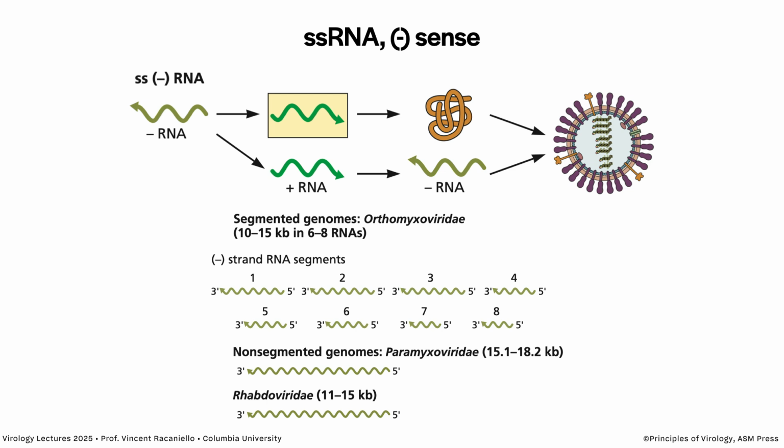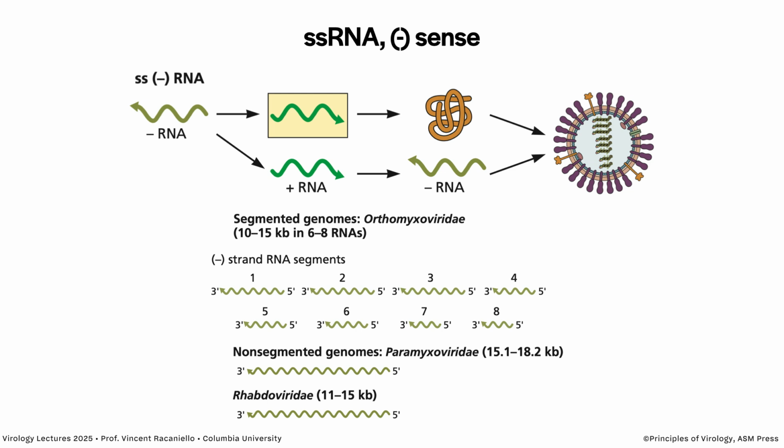So when this enters a cell, it has to be copied to an mRNA. And the only way that can happen is for the virus particle to contain an RNA polymerase, because cells do not have RNA polymerases that can copy these negative strand RNAs. So every negative strand virus needs to carry within the particle an RNA polymerase.